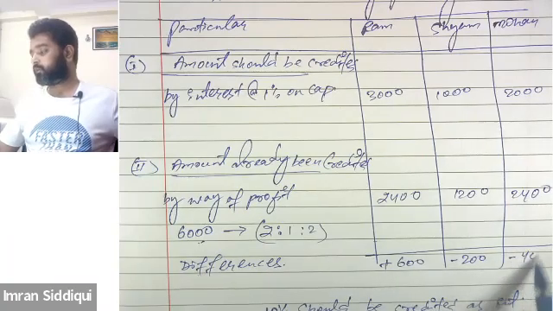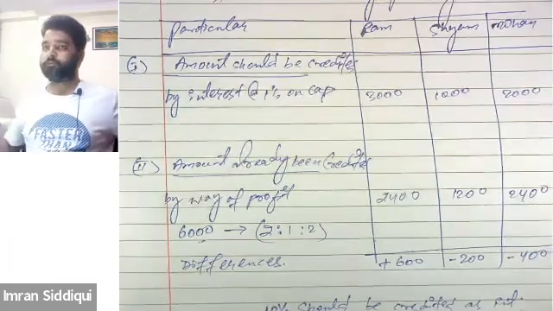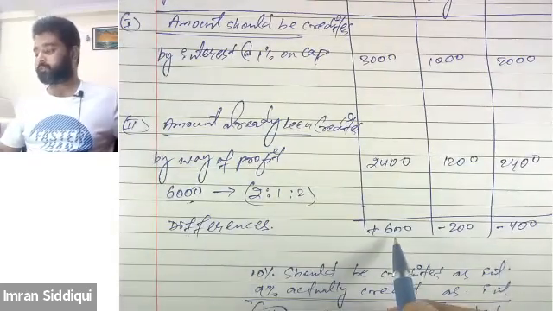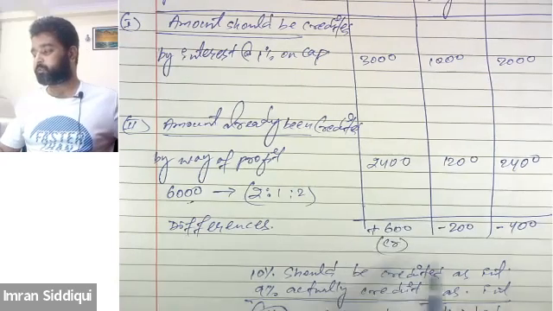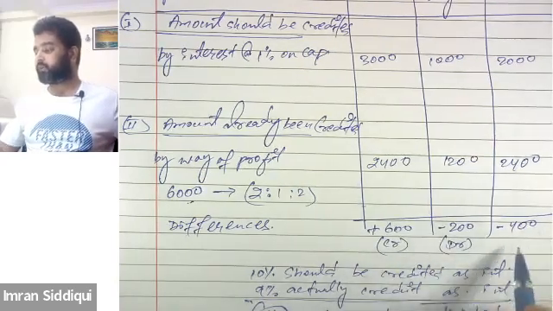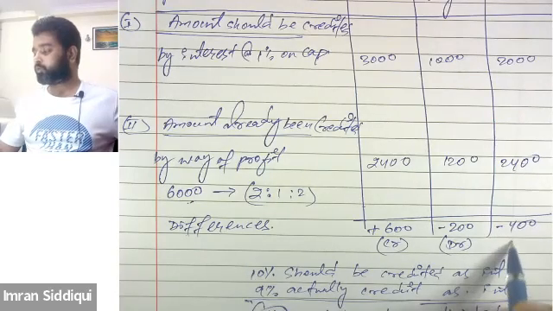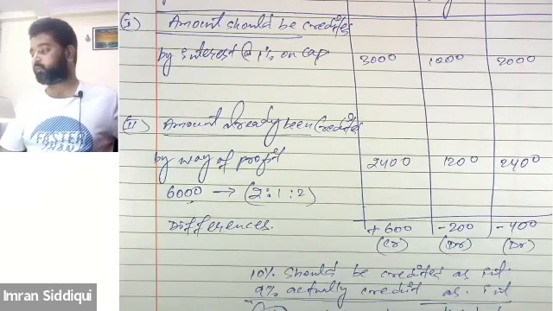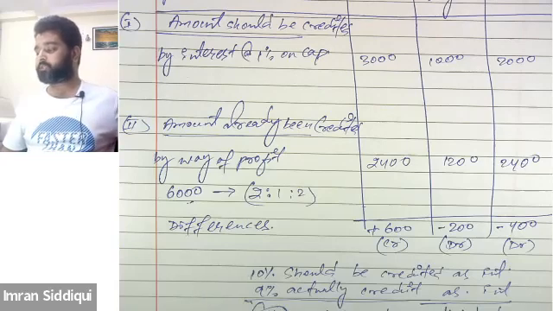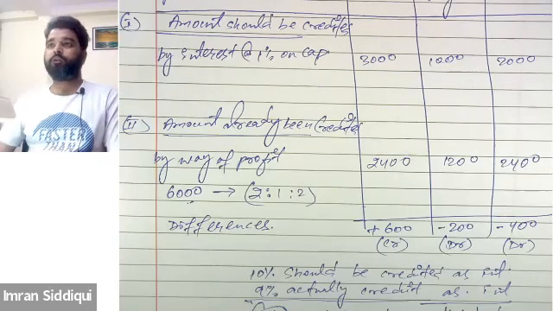So these signs basically mean that Ram's account will be credited by 600, Shyam's account will be debited by 200, and Mohan's account will also be debited by 400. Debit means we have to subtract 400 out of Mohan's capital account, 200 out of Shyam's capital account, and 600 will be credited to Ram's capital account.